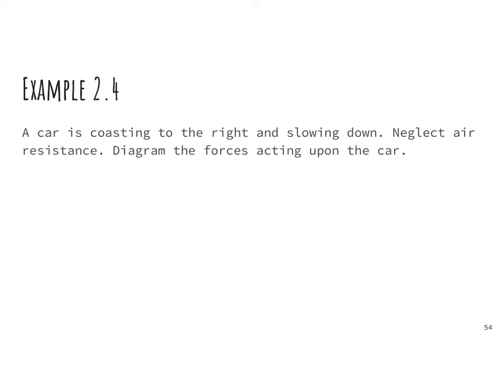All right, another example problem. A car is coasting to the right and slowing down. Neglect air resistance, draw a diagram of the forces. So if we identify it, of course we will have a weight force. That should always be a given. If the car is not accelerating up or down, then there is a normal force, and spoiler alert, that should be equal and opposite to the car's weight.